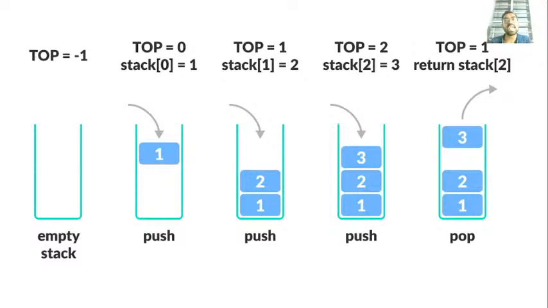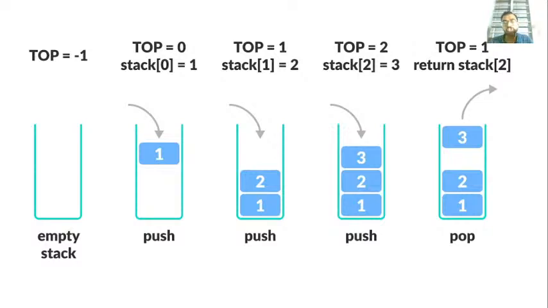In an empty stack, there is not even a single data element. It is known as an empty stack. In that stage, the top is equal to -1. So it is an indicator that there is no data element.